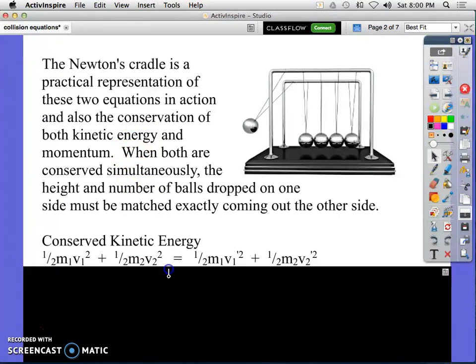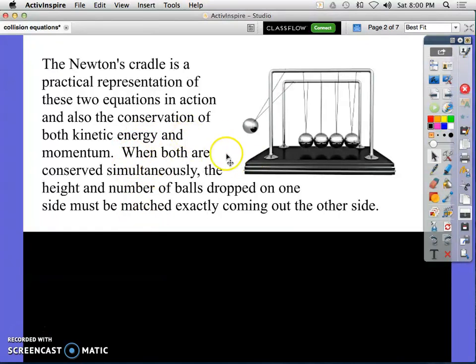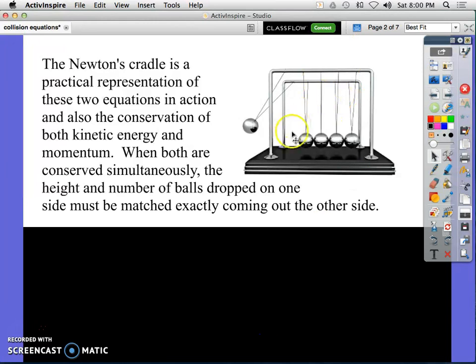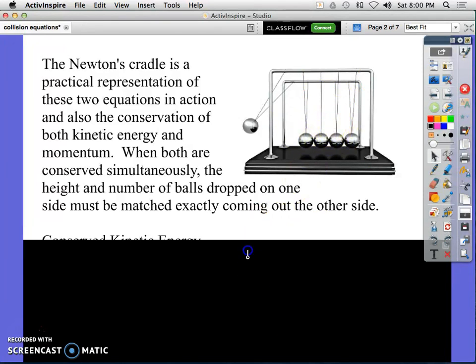When these are both conserved simultaneously, the height and number of balls dropped on one side must be matched exactly coming out on the other side. Also, the Newton's cradle is a special case because all of these balls are the same mass, and the one that's affected if you drop one is the one on the other end. Momentum's just transferred through the ones in the middle. This isn't a lesson on Newton's cradle, so I'm not going to talk about that any further. You could do a whole bunch of things with that.